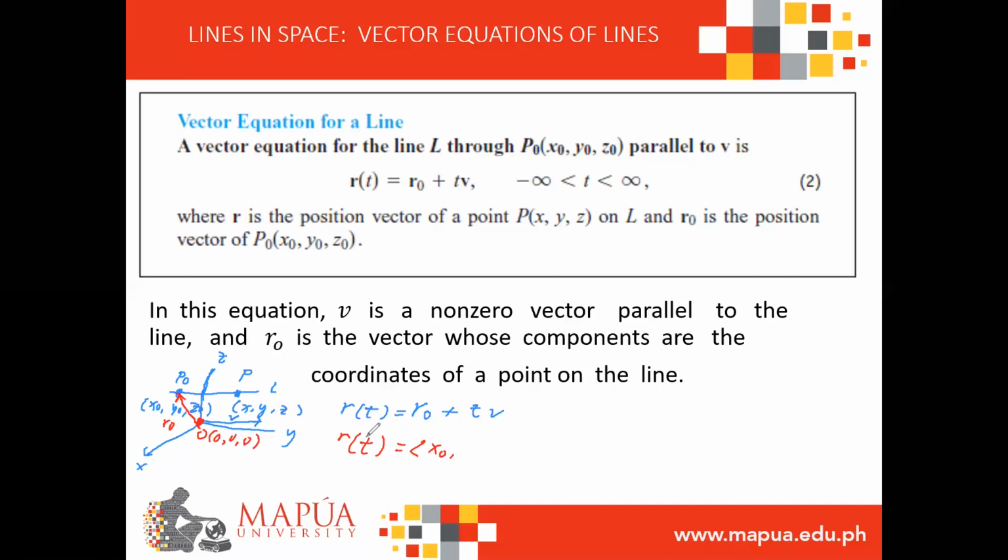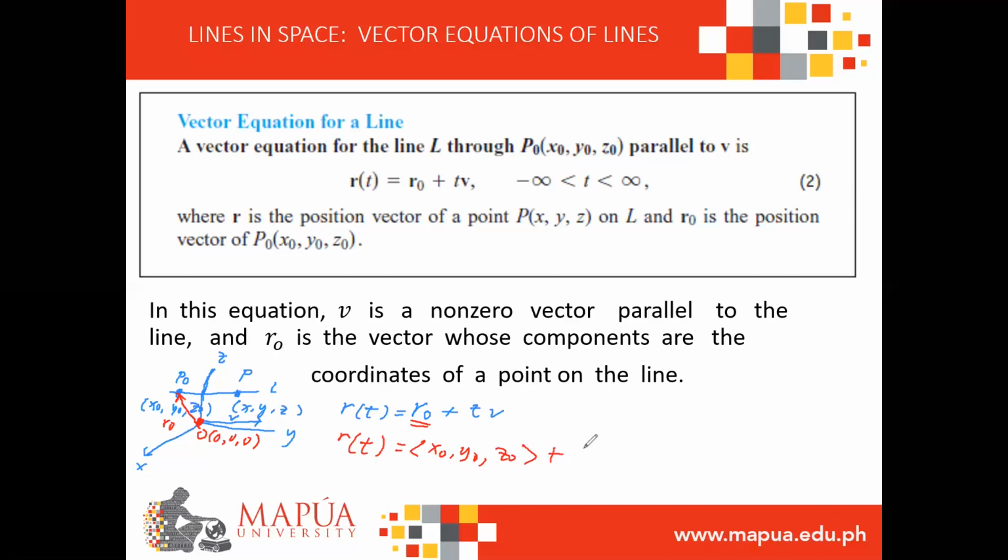That is your r sub 0. Then the second component is y sub 0 minus 0, and then z sub 0 minus 0 is z sub 0. Therefore, this is the vector whose components are the coordinates of a point on the line, as given in this definition of the r sub 0 vector.